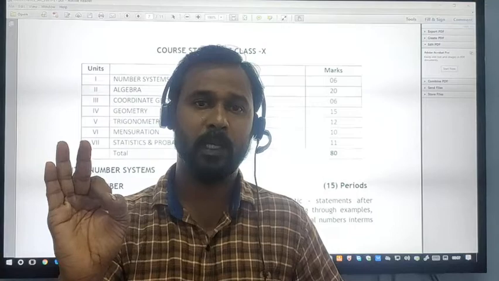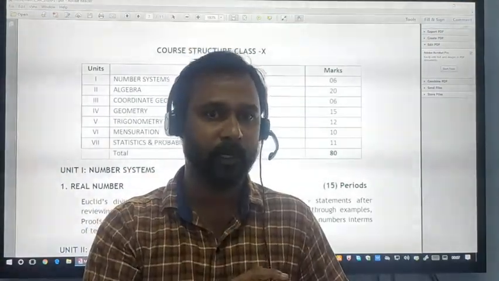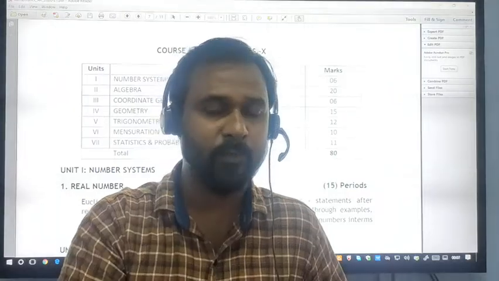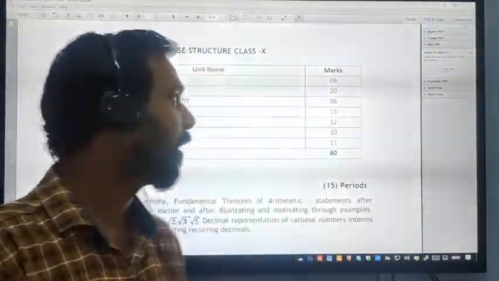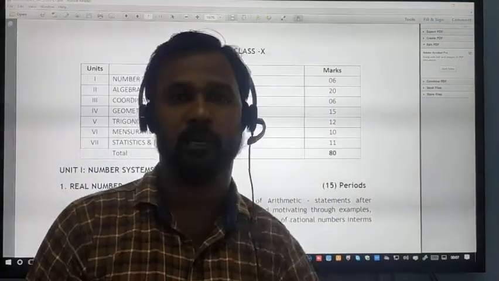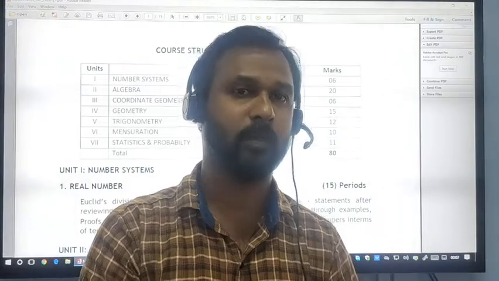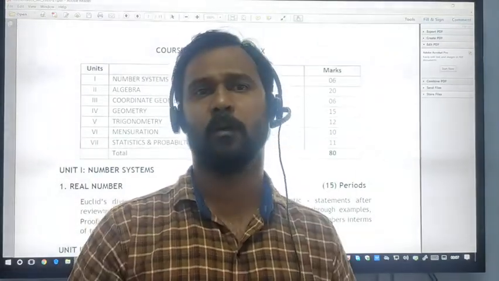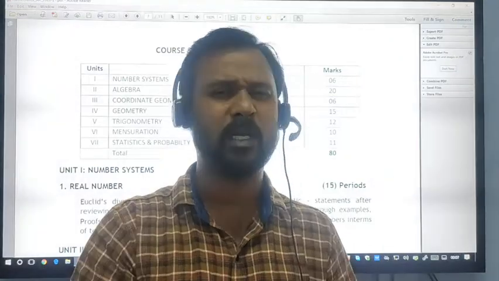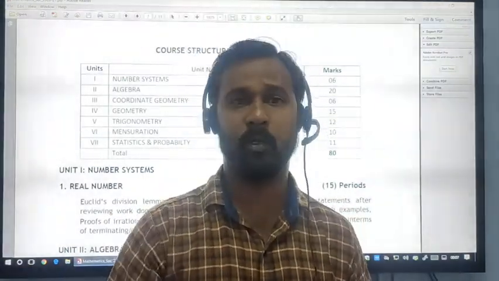Out of these 3 PPTs, the best 2 will be taken, and the average of the best 2 will be converted into 10 marks. That 10 marks plus the remaining 10 marks are based on your lab activity and portfolio. By portfolio, we mean your journals, assignments, whatever your teacher decides. So it's a whole journey.